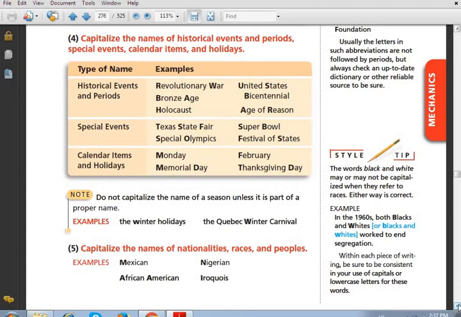Take care of this example: Diana, the Greek goddess. Here Diana is one of the Greek gods. I capitalized Diana, but I didn't capitalize goddess of the hunt. So I don't capitalize god or gods, but I capitalize the name of the god. Okay, don't forget.